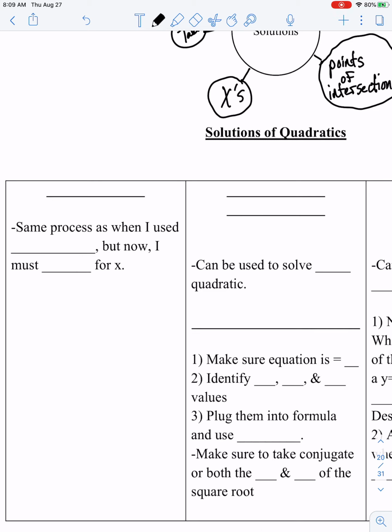The first one will be factoring. To find a solution when you factor, it's the same process when you use factoring. However, now you must solve for x.